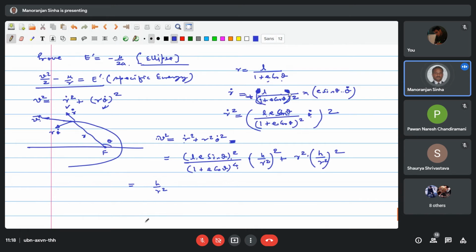For R times theta dot, R square times theta dot square, with theta dot being H by R square, we can write this quantity as H square by R to the power 4, which becomes R square.